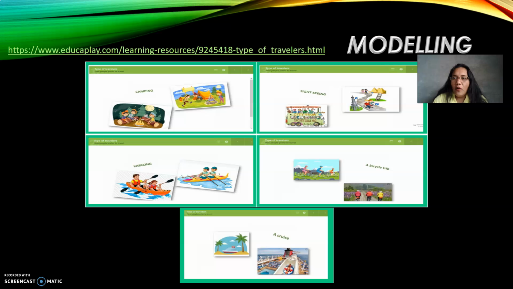Modeling. In modeling, the teacher will instruct the students to think about the vacation activities that they have done in the past. With the warm-up and the slideshow, the students will learn the new vocabulary, recognizing the types of activities that are related to types of travelers.